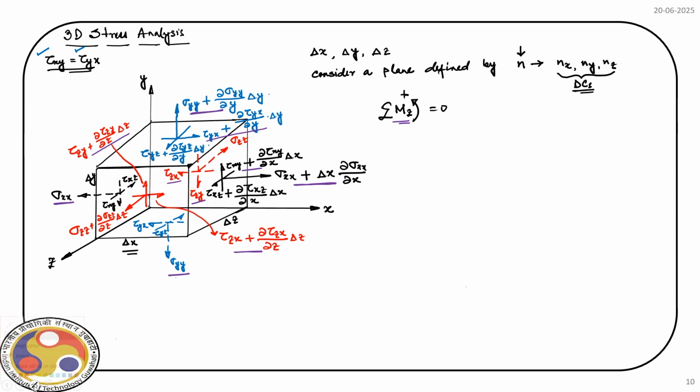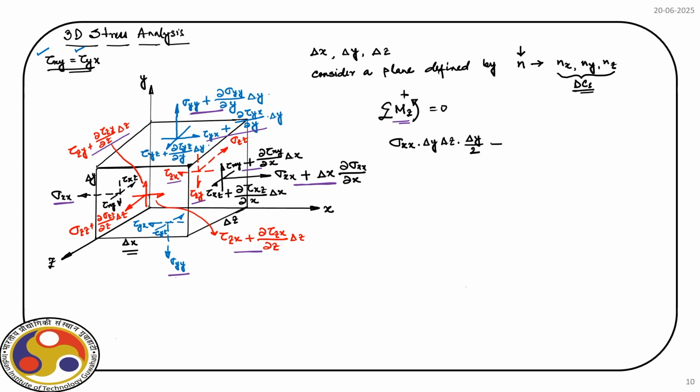So, what we have, sigma x x, it is acting over a plane defined by delta y and delta z, right. So, that is the total force. Then we have to find out the lever arm. It is acting at the mid height of this delta y. So, the lever arm is delta y by 2.